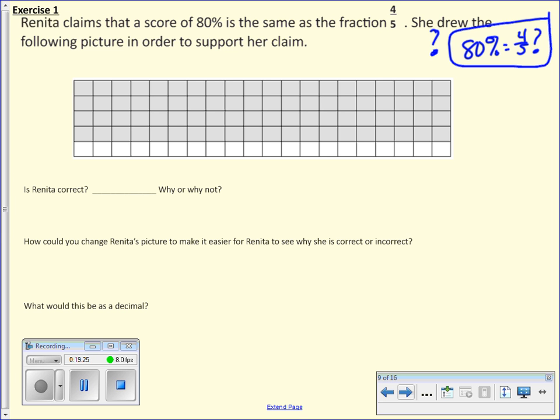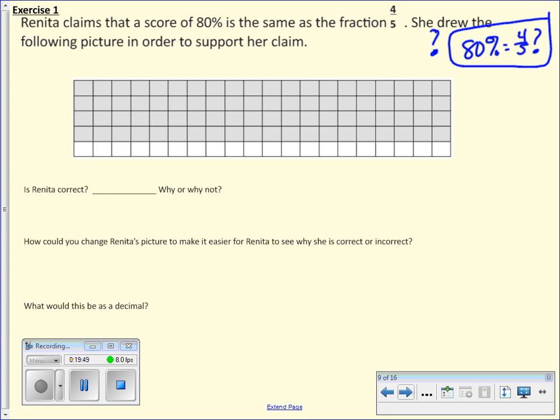Now the model that they chose to use was a 100 grid, but is that a 100 grid? It doesn't look like a 10 by 10 100 grid. So let's count. 1, 2, 3, 4, 5, 6, 7, 8, 9, 10. 11, 12, 13, 14, 15, 16, 17, 18, 19, 20 times 1, 2, 3, 4, 5.